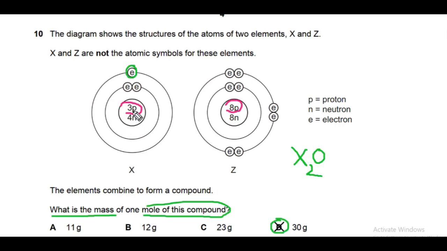So here 3 protons, 4 neutrons, 7 total, mass number 7, and this has 8 protons, 8 neutrons, total mass number 16. So X is 2 atoms, 7 times 2 is 14, plus oxygen is 1 atom, 16. 1 mole of the compound will be 30 gram. So the answer will be D, 30 gram.